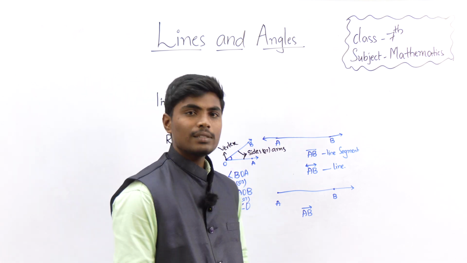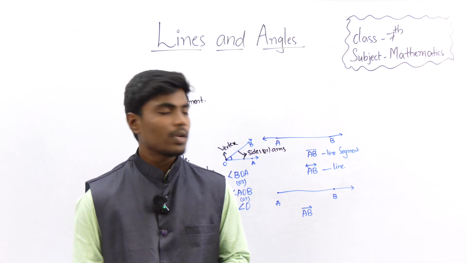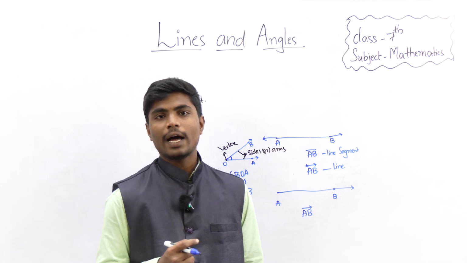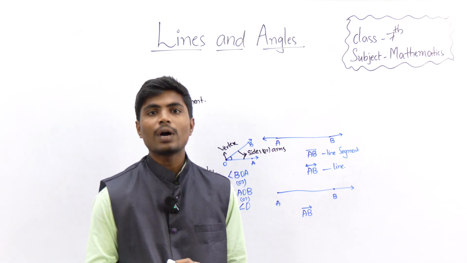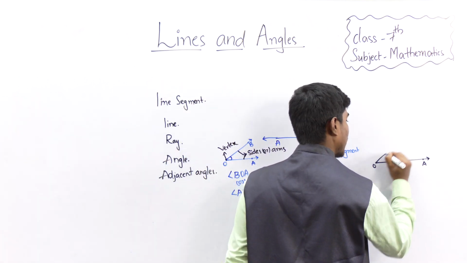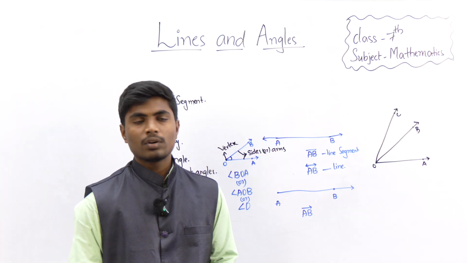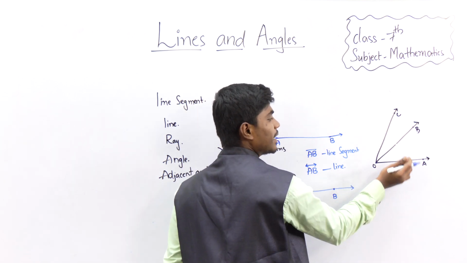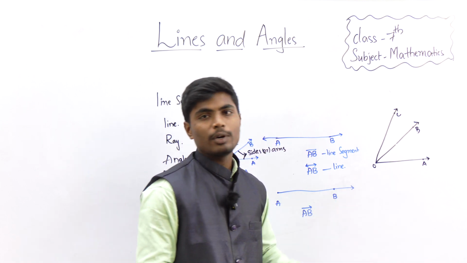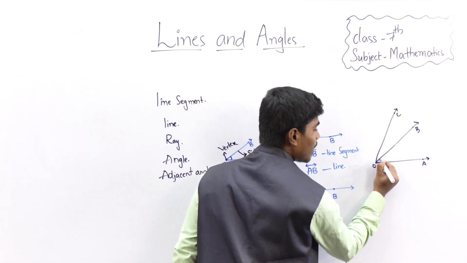Here let's discuss adjacent angles. If two angles have one common arm and a common vertex, then the two angles are adjacent to each other. Here OA, this is OB and this is OC. All three rays are meeting at this point, meaning all three rays have one common vertex O. Here the angle AOB is formed, and here angle BOC is formed.